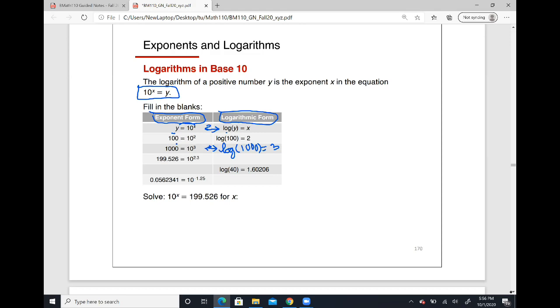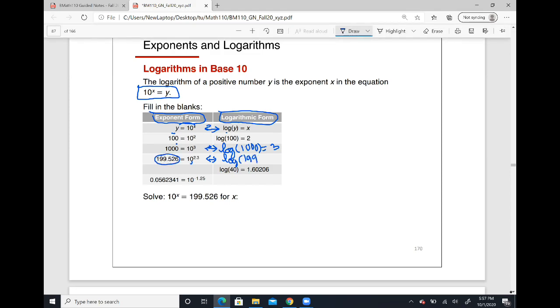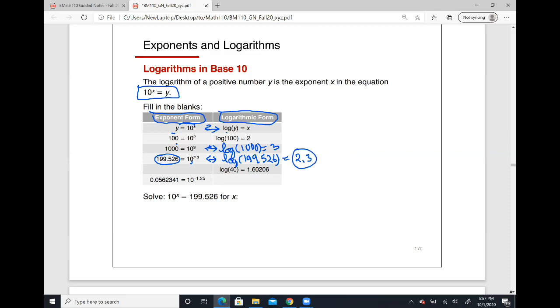Similarly, for the fourth one, I'm going to have log base 10 of 199.526 equal to the exponent 2.3. Remember that the whole log means the exponent, which is why the exponent always stays on one side of the log, and the argument on the other side.